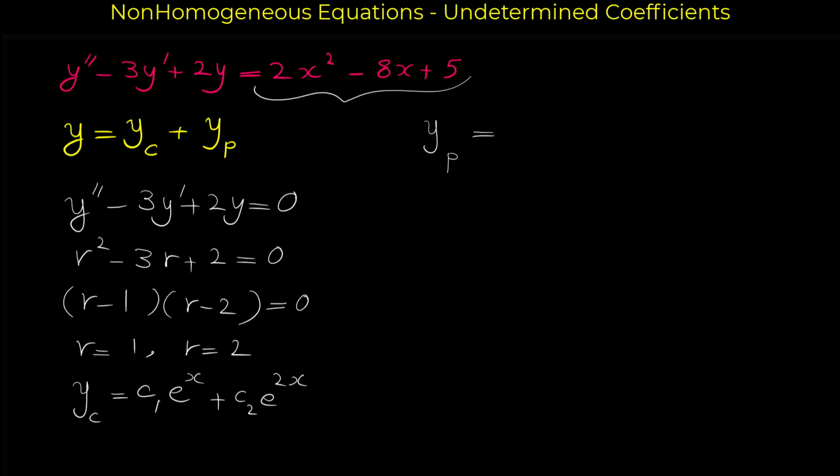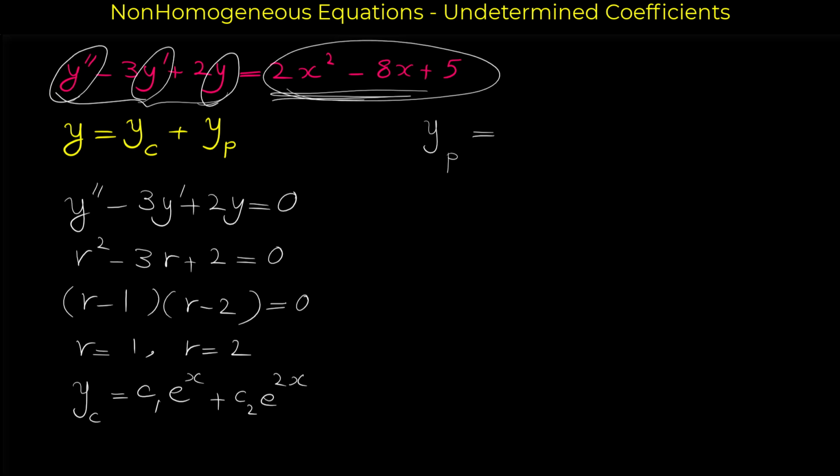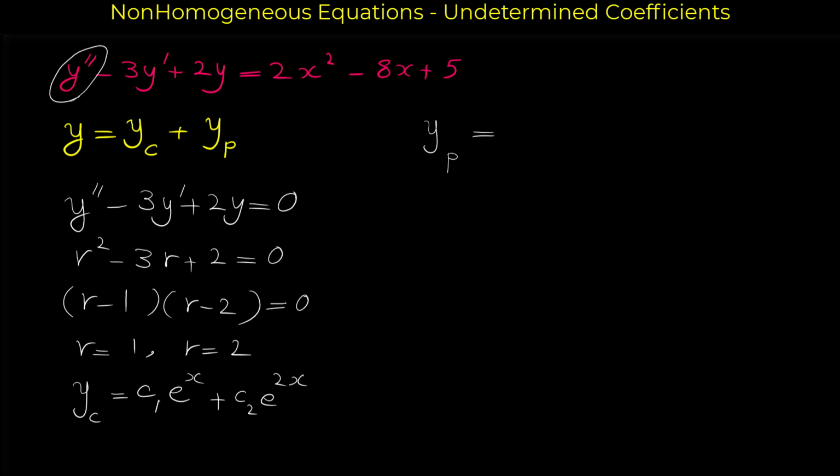In the method of undetermined coefficients, for finding the particular solution, we look at this function, and based on it, we try to guess what type of function can satisfy this equation. Here we are looking for a function such that the second derivative minus 3 times the first derivative plus 2 times the function equals this second degree polynomial.